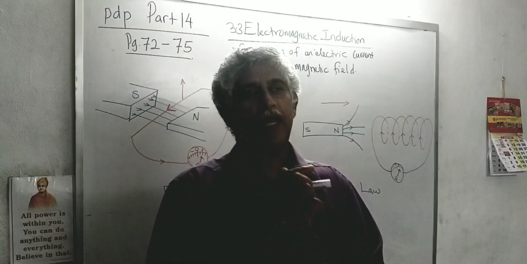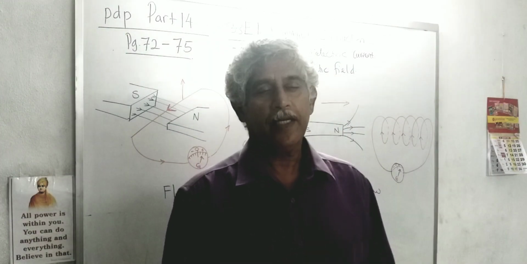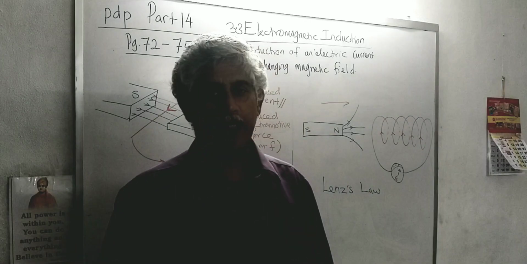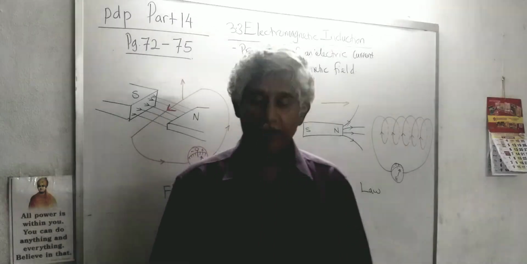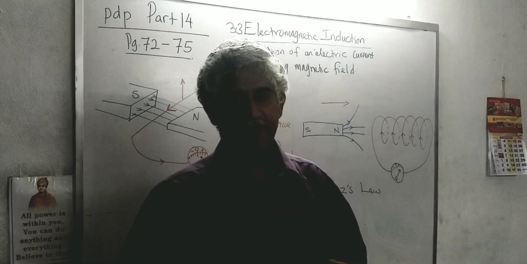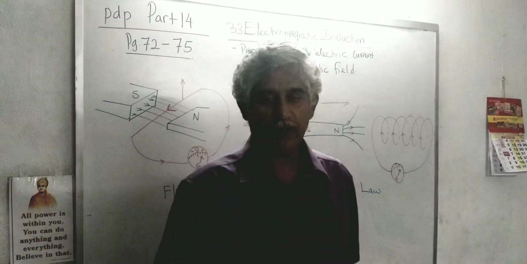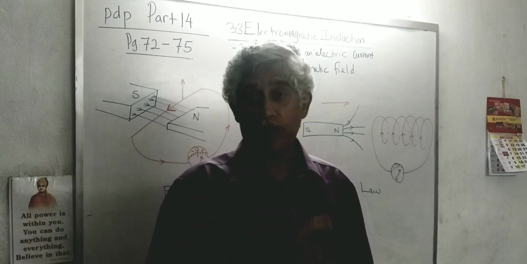In the last class we did the motor, how a motor works, and we learned about the catapult field, how the resultant field gives you a catapult force for a motor to rotate.